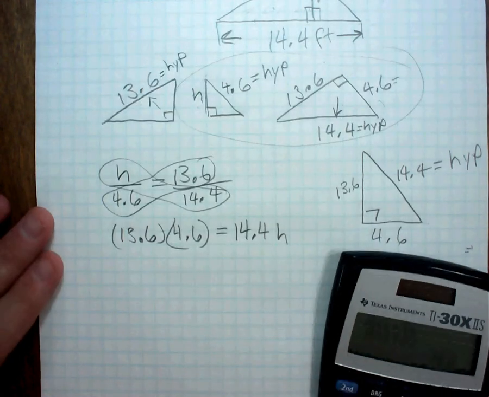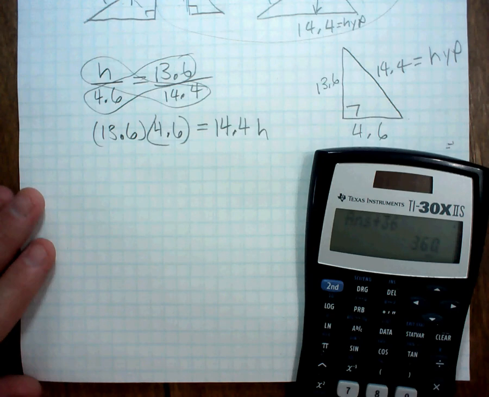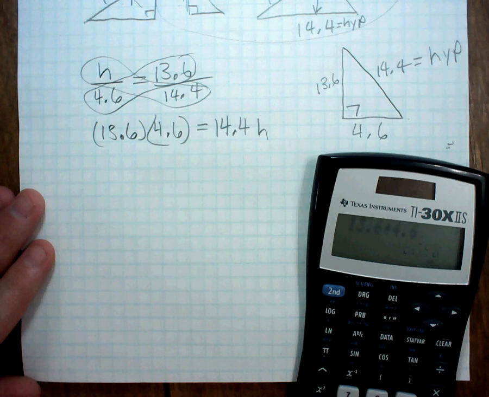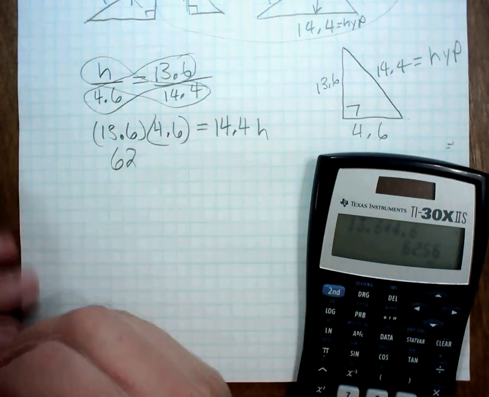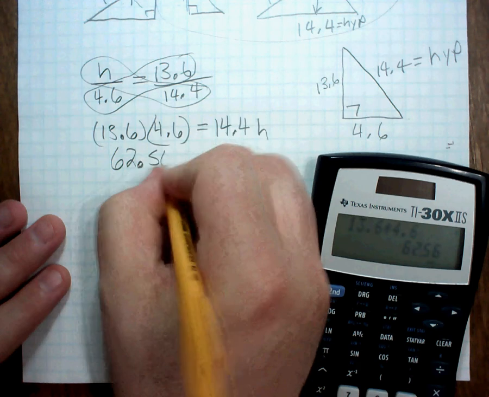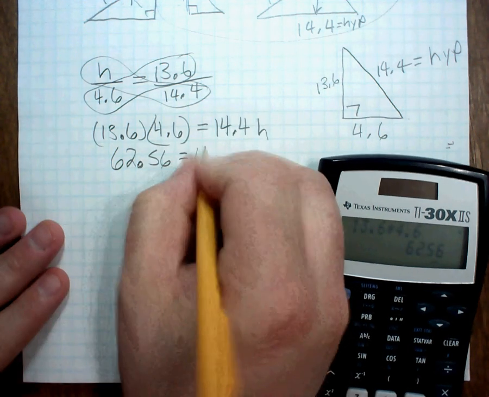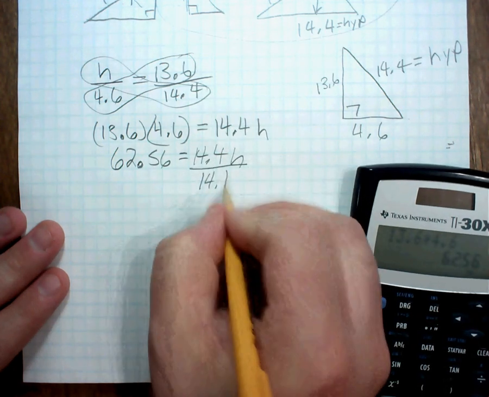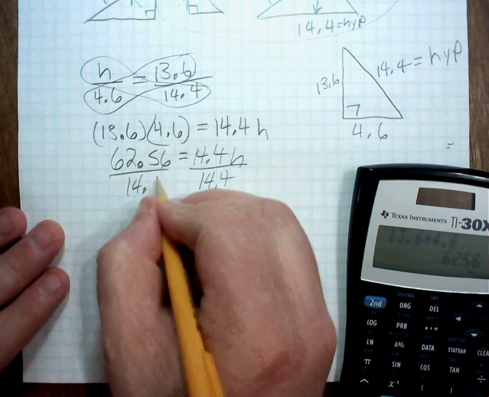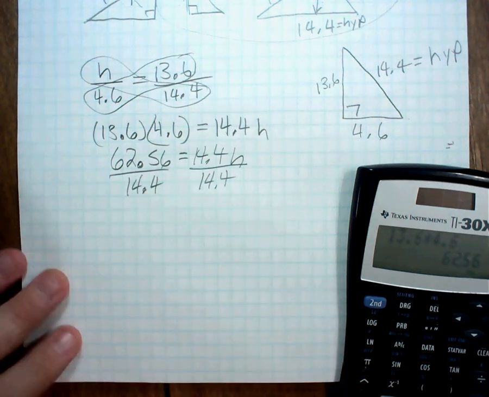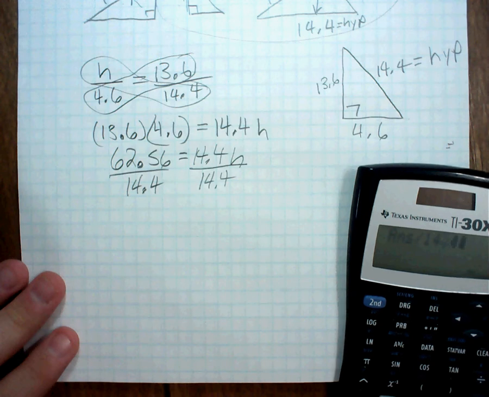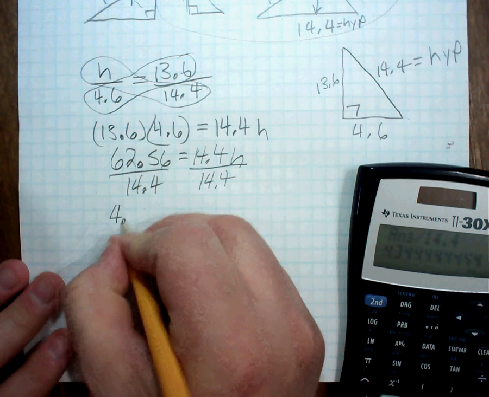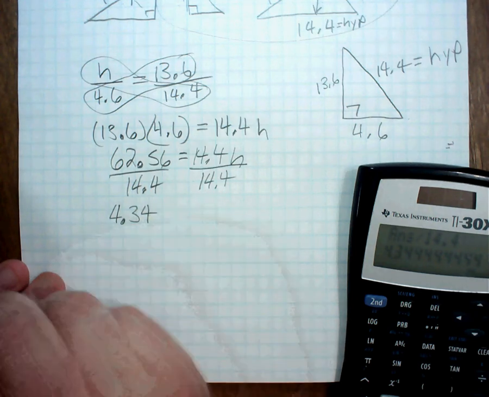So let's start plugging some numbers in and see what we get. 13.6 times 4.6 equals 62.56, which is equal to 14.4 times h. I'm going to divide both sides by 14.4. So that divided by 14.4 is 4.34 approximately.